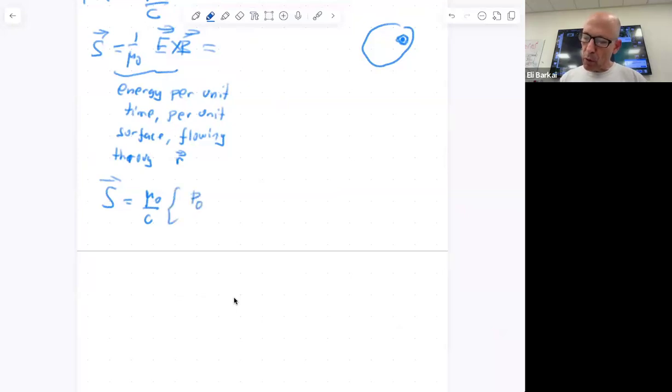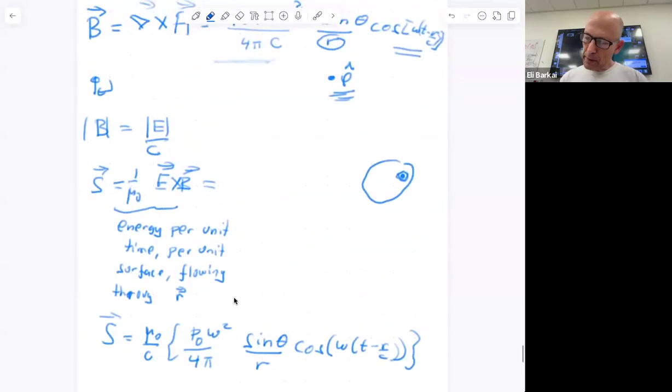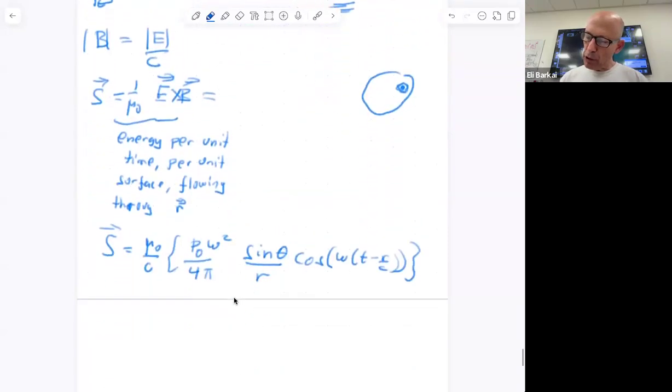relativistic effects, p0 omega squared. Okay, let us write it like this, 4 pi sine theta over R cosine omega t minus R over C, again, the retarded effect. All this to what? It's E cross B. So it's the same expression that we had here.